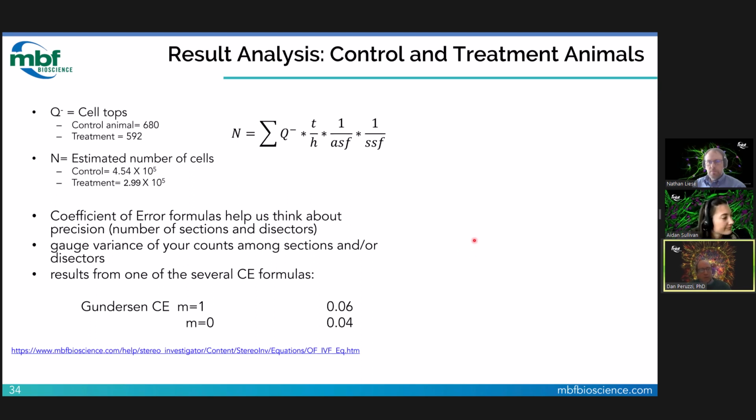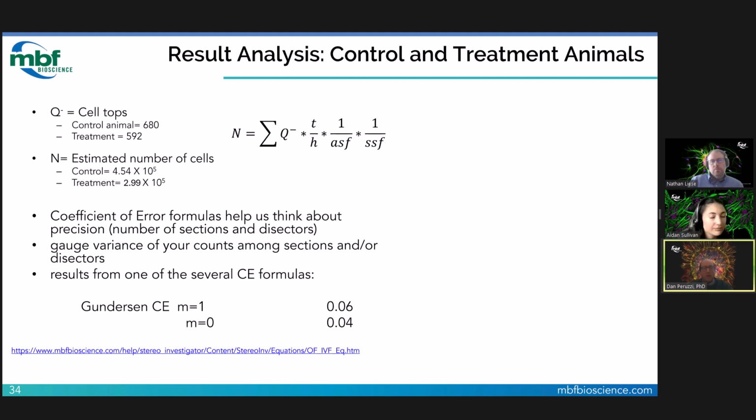So what is this coefficient of error? It is a formula that helps us think about the precision. That means the number of sections and number of dissectors that we use. These formulas are set up to gauge the variance of your counts between sections. Some of them do that. Some of them gauge the variance of the counts between dissectors. Now this is showing the result of one of several CE formulas that are available in the program.